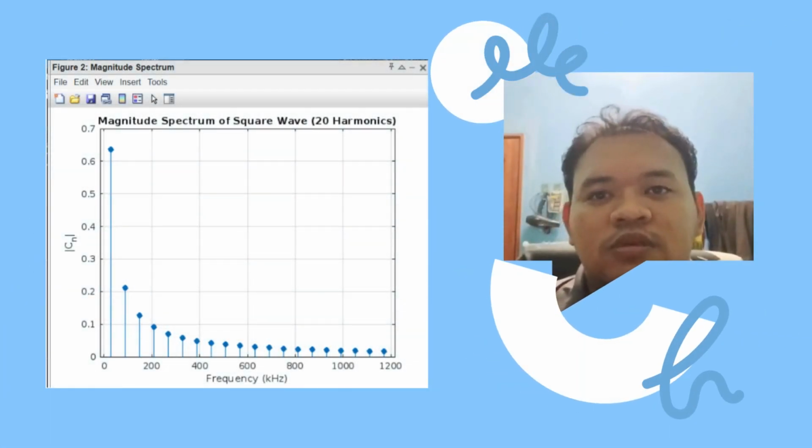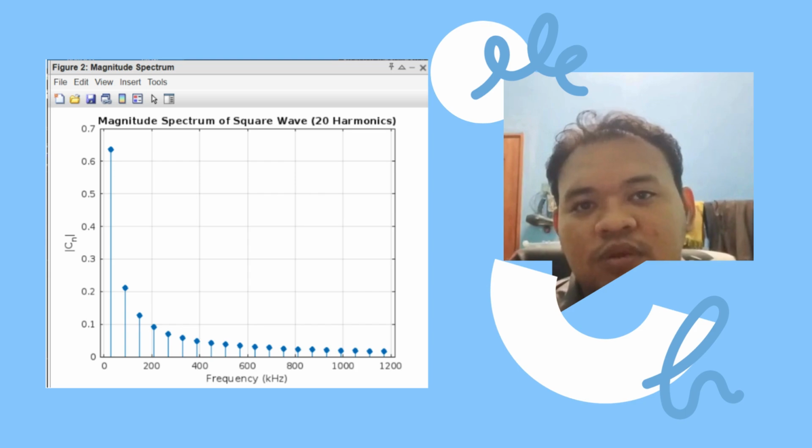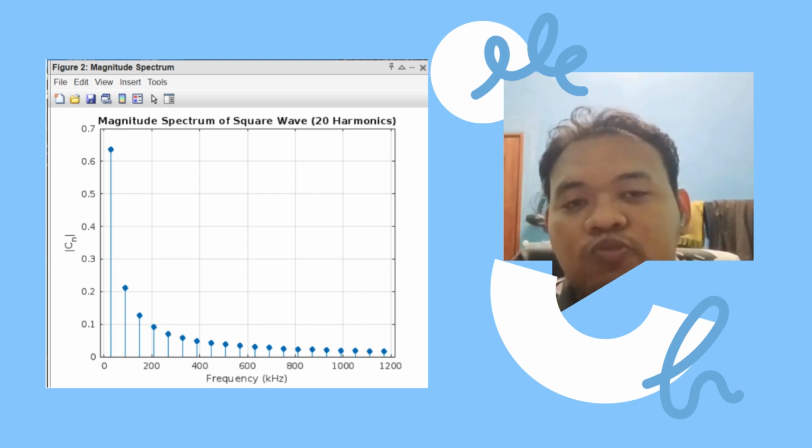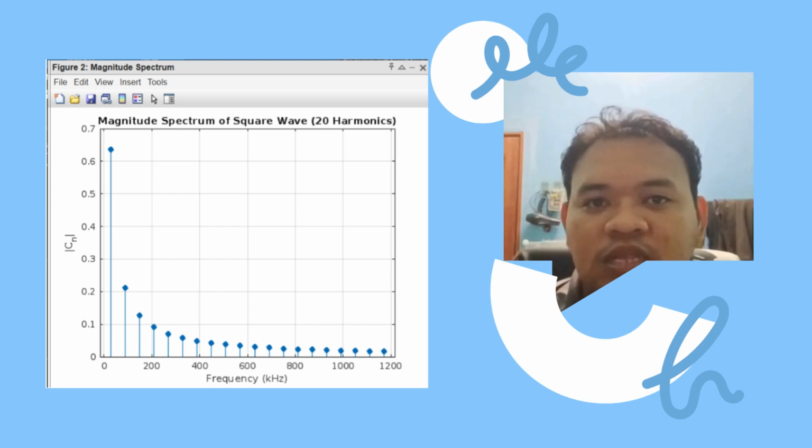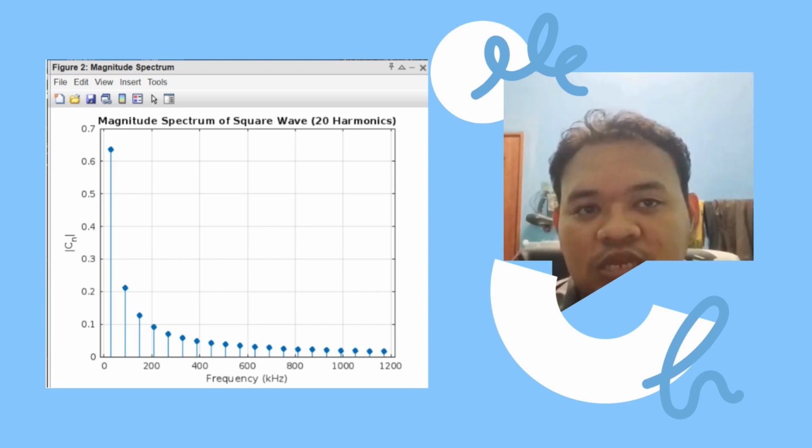While for part 2, the magnitude spectrum shows the original square wave that is plotted using the first 20 odd harmonics. The plot shows strong peaks at odd multiples of the base frequency: 30 kHz, 90 kHz, 150 kHz.